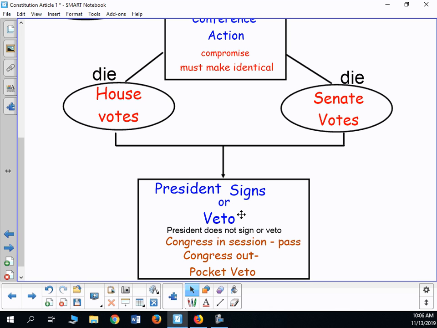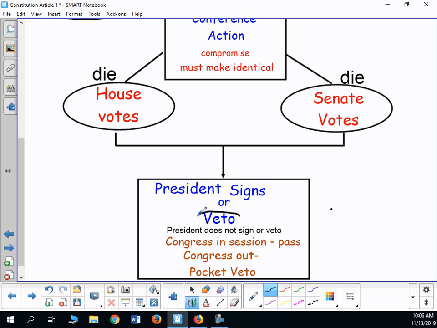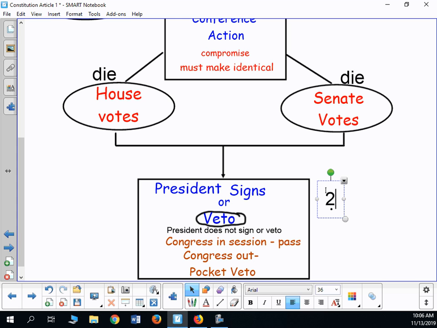Now, don't forget this. If the president vetoes, Congress has the right to then vote.